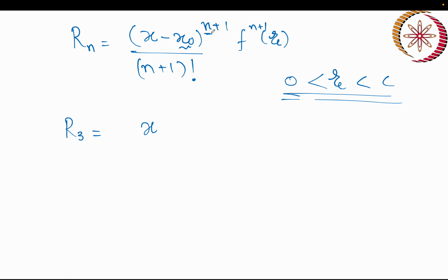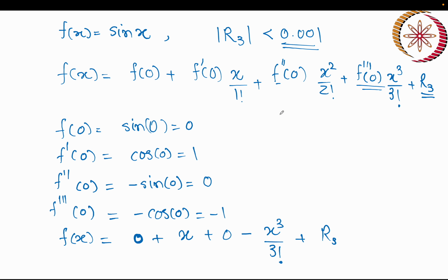So n is 3, so 3 plus 1 is 4, and 4 factorial, and f fourth derivative at xi.